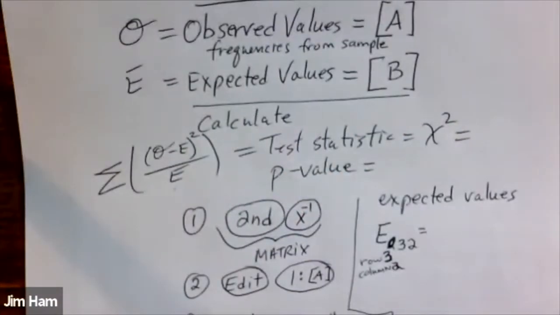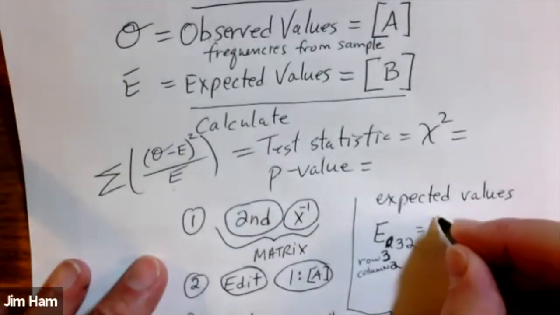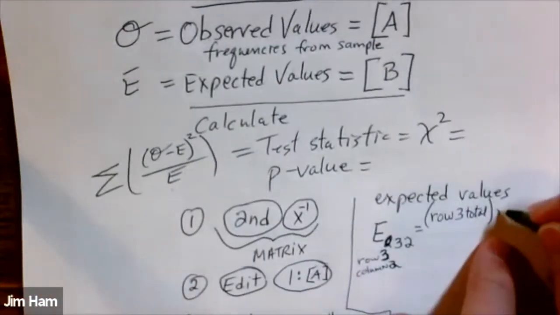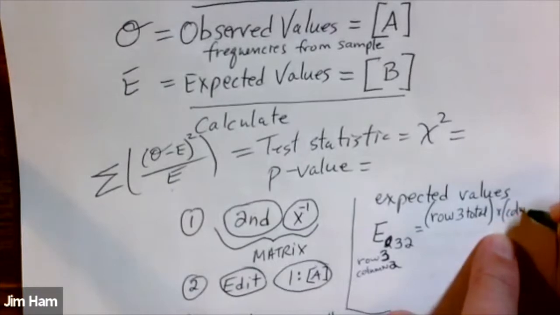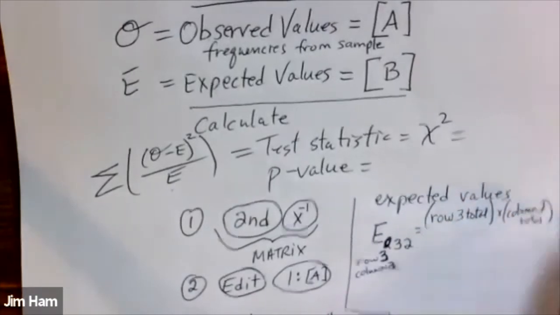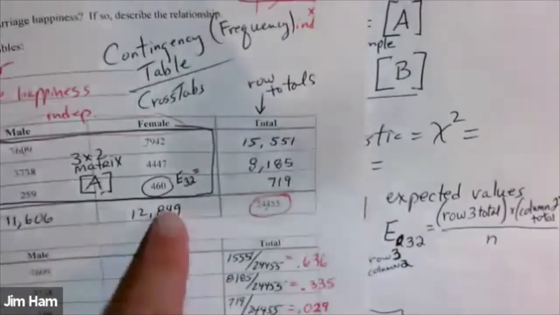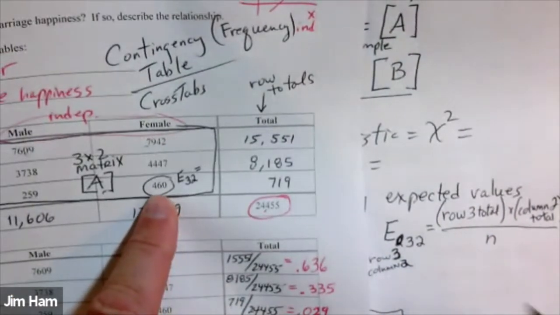So let me say it again. You take the row 3 total and you multiply that by the column 2 total, and then you divide that by the whole sample size. All right, so here's the 460.